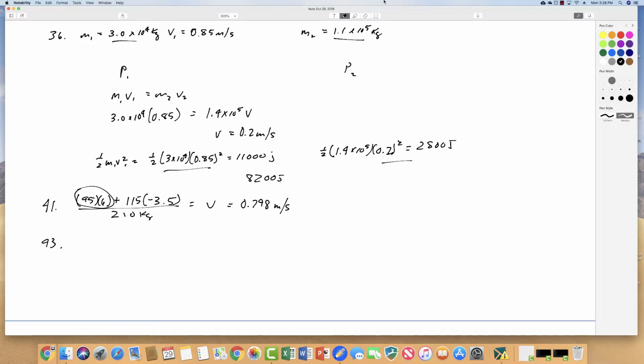46. Now 46 is the hardest problem we do today because it's in 2 dimensions instead of 1. And when you start talking about momentum in 2 directions, actually 48 is the hardest one mathematically.